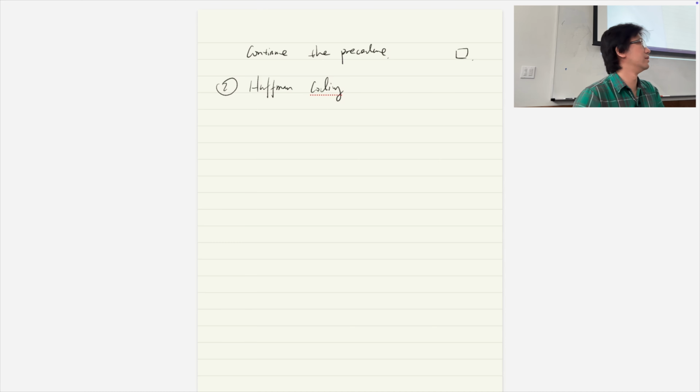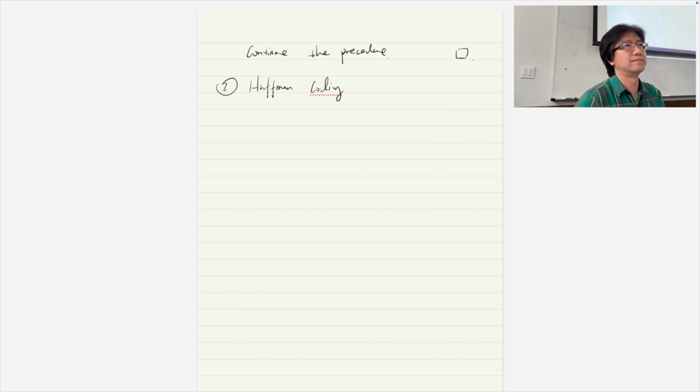Huffman from MIT got this code when he was a student there. I think this was his master's thesis or a homework, and then he constructed this code. The surprising result is that this is the optimal block code for any n. It's not asymptotically optimal, it's just optimal.